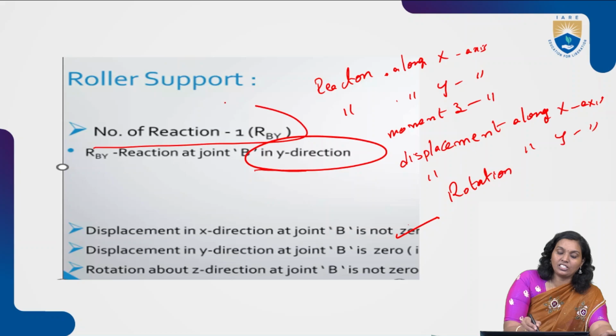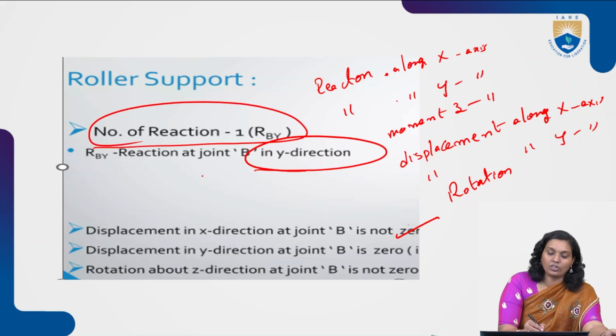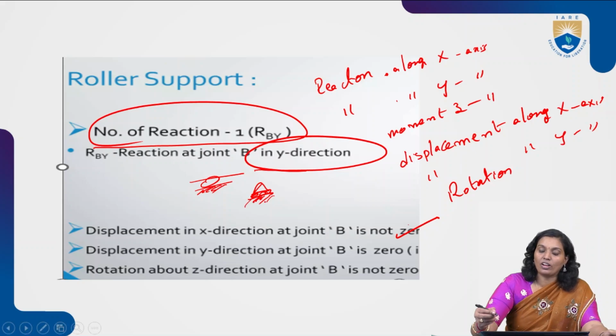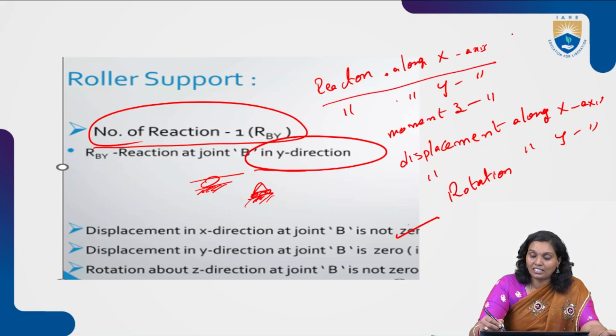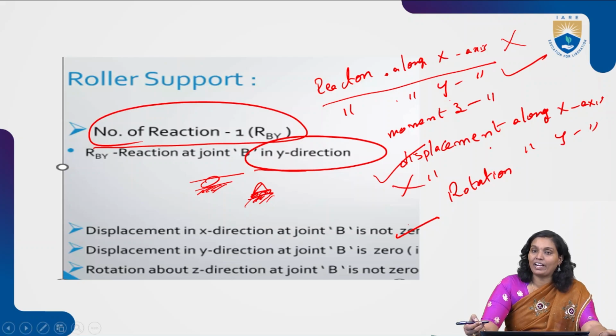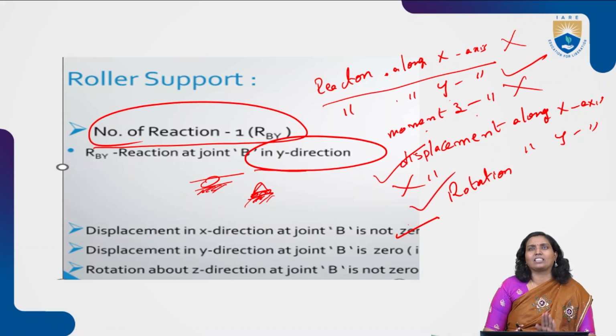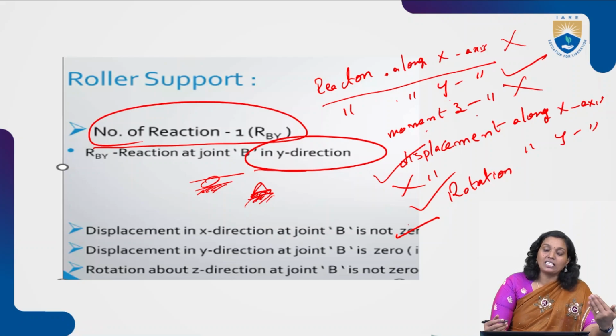Here the number of reactions is equal to 1 for roller support. So reaction along the x-axis is not there, meaning displacement along the x direction is there. Displacement along the y direction is not there. Movement along the z direction is not there. Rotation is there. Like that, we are understanding the various parameters involved in the analysis of structures.